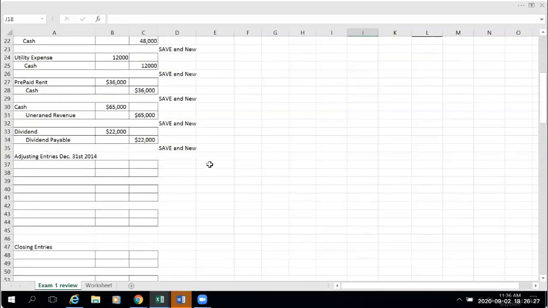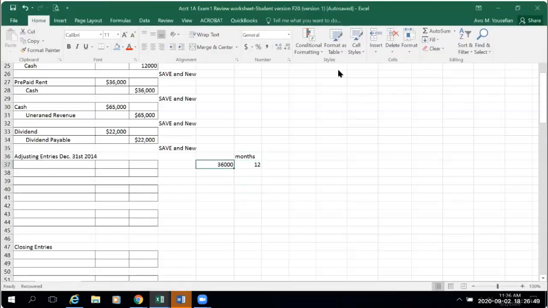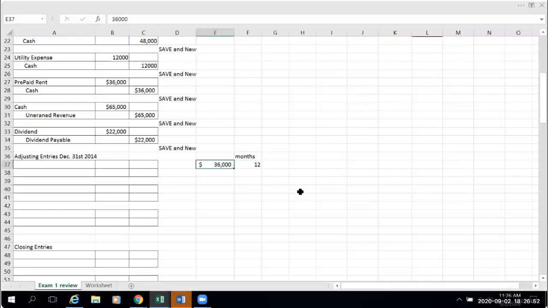So let's calculate that. $36,000 for how many months? For 12 months, right? $36,000 for 12 months. So that will be how much monthly?